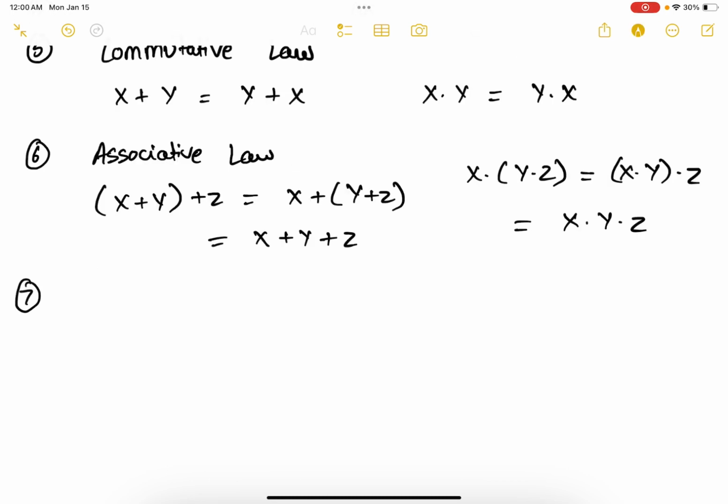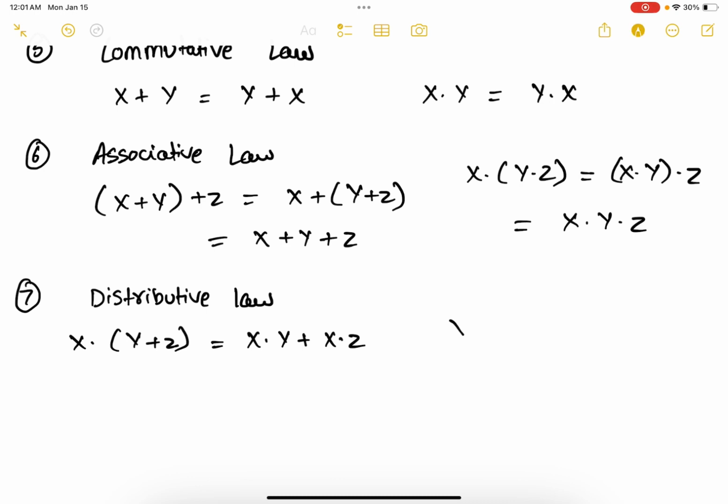Then we have the distributive law, which is basically x and (y or z) is equal to x and y or x and z. And the dual is x or (y and z) is equivalent to (x or y) and (x or z).